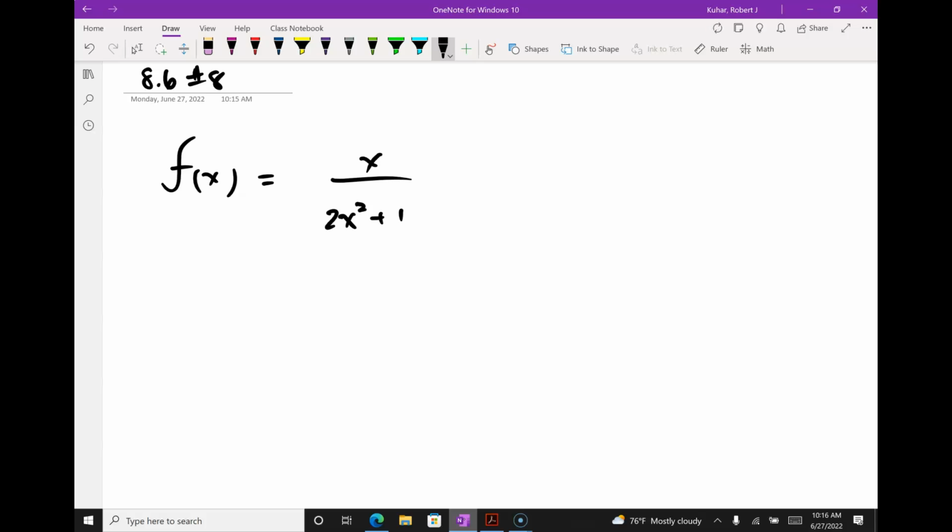Well, I want it to look like some version of this, right? And I'm going to plug in there, and here, and here once I get there. All right, well, I definitely don't like the x upstairs, so I'm going to factor that out.